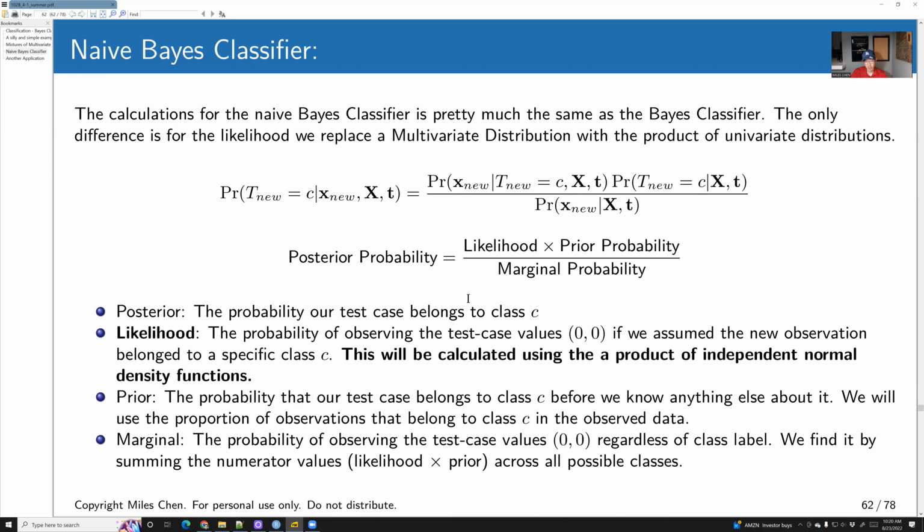But this time, for the likelihood, I'm not going to use the multivariate normal anymore. I'm going to use the univariate normal distribution for one variable at a time, but I'm going to multiply it for all of my x variables. So I've got 2 x variables. I'm going to calculate the normal PDF for x1, and I'm going to multiply it by the normal PDF for x2.